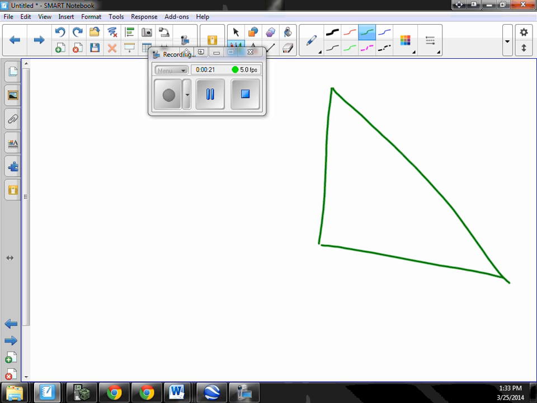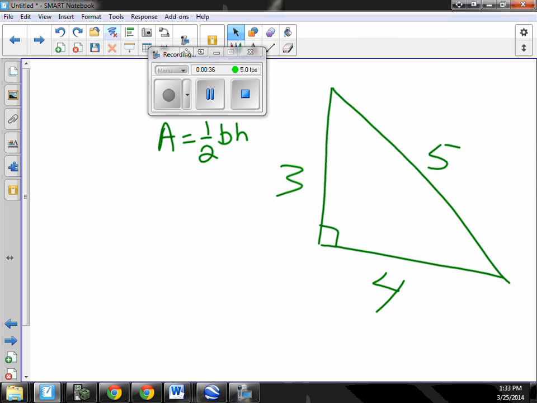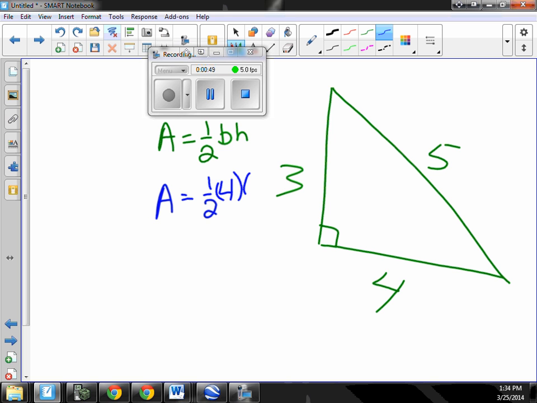Okay. So we'll do the simple 3, 4, 5 triangle. How do we calculate the area? So formula, area equals 1/2 base times the height. So this particular area is going to be 1/2 times 4 times 3.